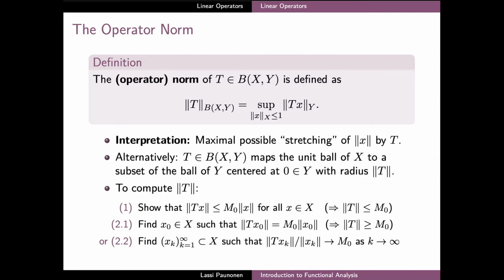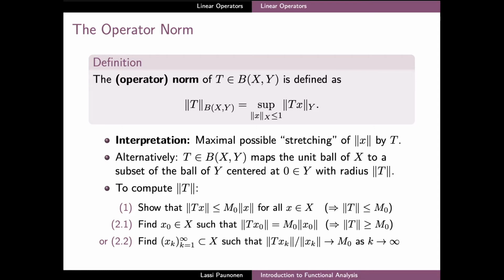But the word stretching here is not quite accurate, since T, of course, doesn't always increase the norm of the vectors x. Instead it's completely possible that, for example, all the images of vectors x of length at most 1 have norms less than 1/2, in which case the norm of the operator in question would be at most 1/2.